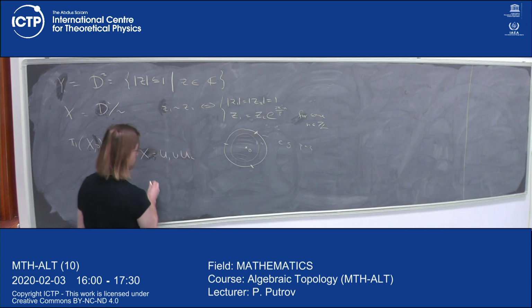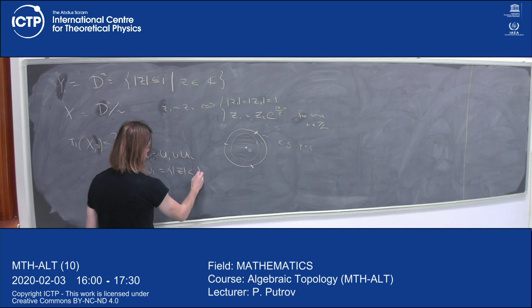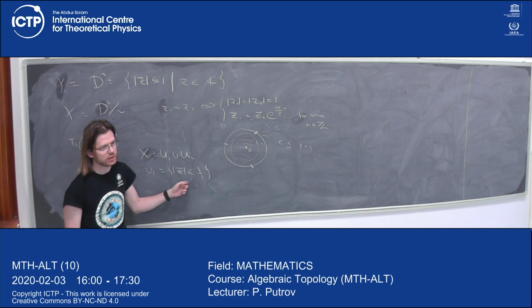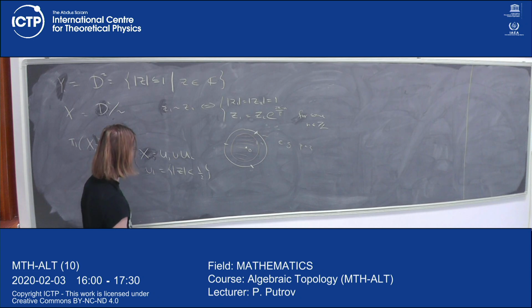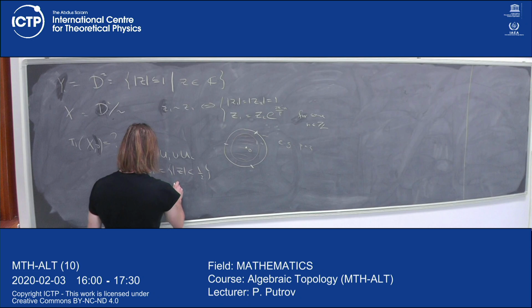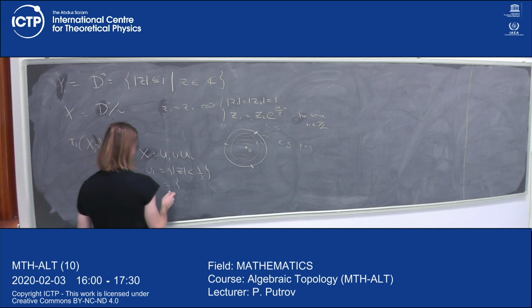Let me take U1 to be the open disk with radius 1/2, and for U2, it doesn't matter precisely, I can just take less than 1.